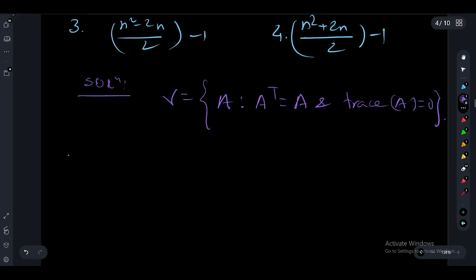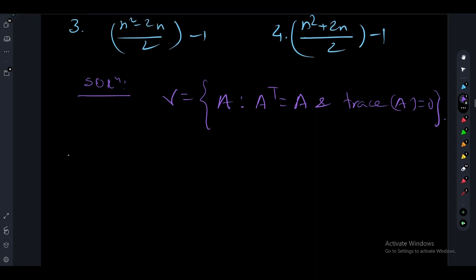Now how can we find the dimension of this vector space? To find the dimension of the vector space, we have to take an arbitrary element from V, and we have to show the number of linearly independent elements of that vector space we need, which can generate that arbitrary element.